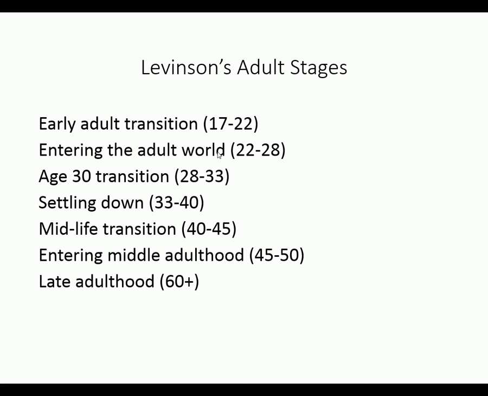And when they get through the transition, then they end up in the settling down period, which is where they find their niche in society. They establish a family. They establish their career. They have children. They're beginning to think and behave like parents. And they realize that they have very demanding roles in life.